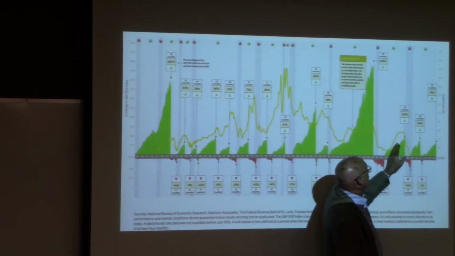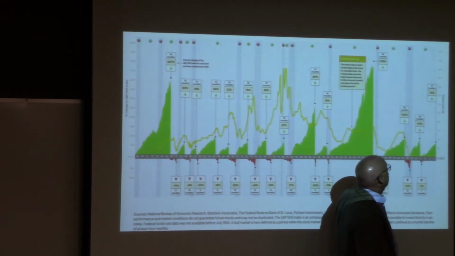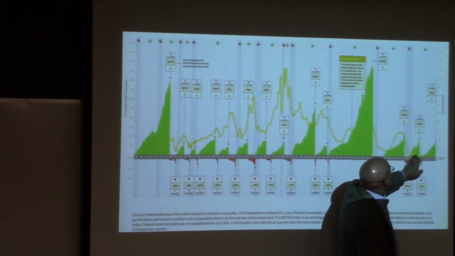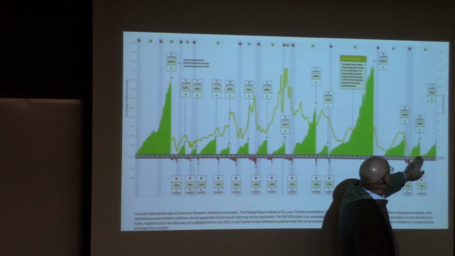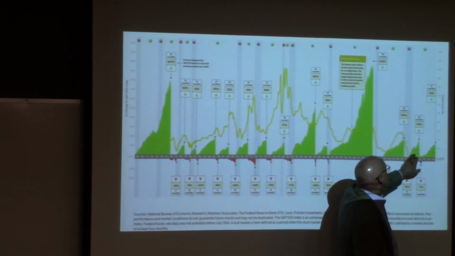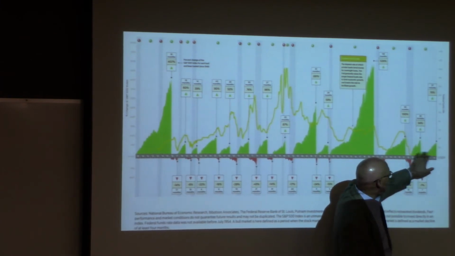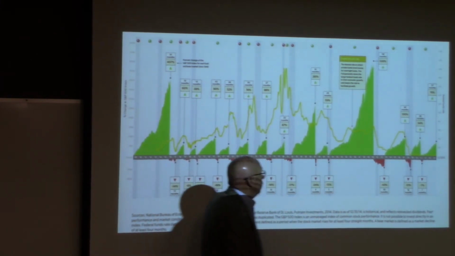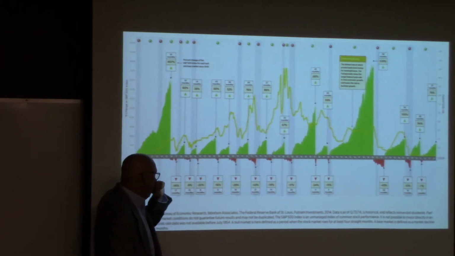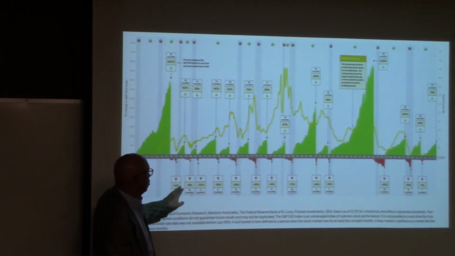And then we've had 3 short blips since then, and we've been positive really since 2010. So this gives you an idea of a historical understanding of bull markets and also bear markets.